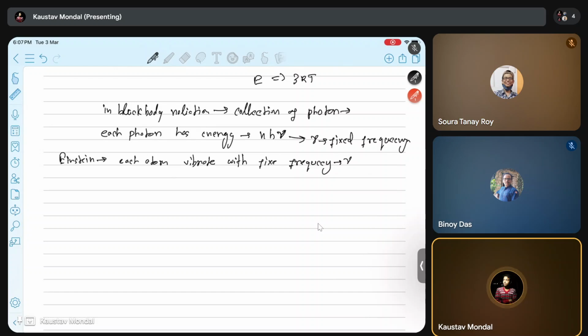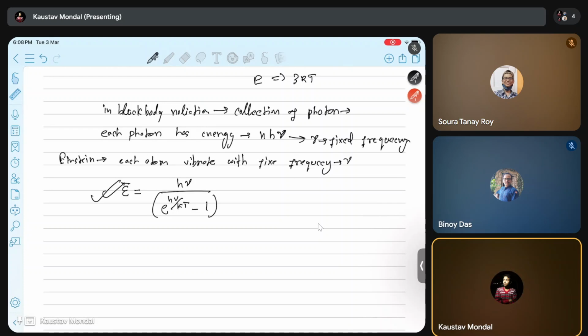Just like in the case of black body, here also the average energy per degree of freedom, E bar, is given by h nu divided by e to the power h nu by kT minus 1. This is a very established result in black body radiation, and it is the average energy per degree of freedom.